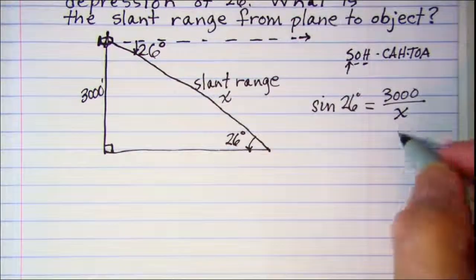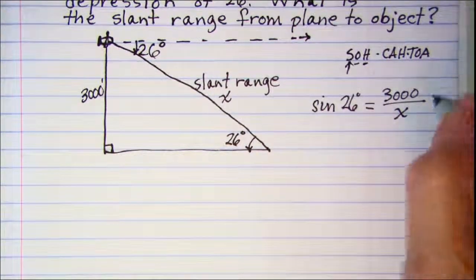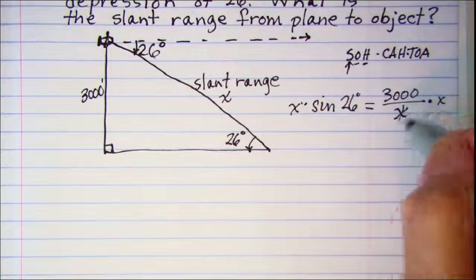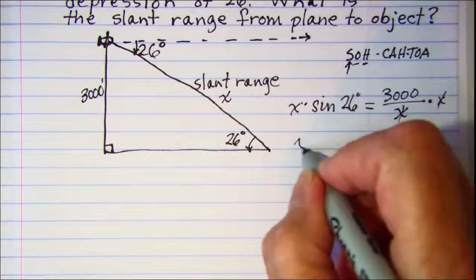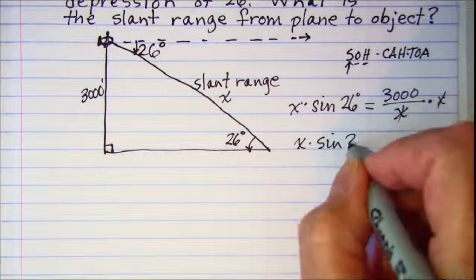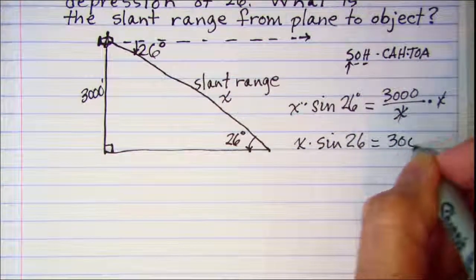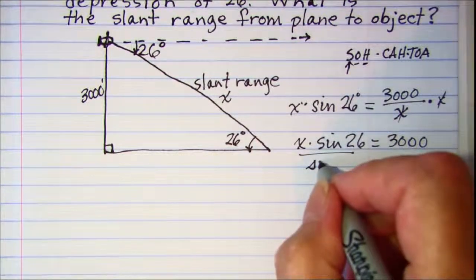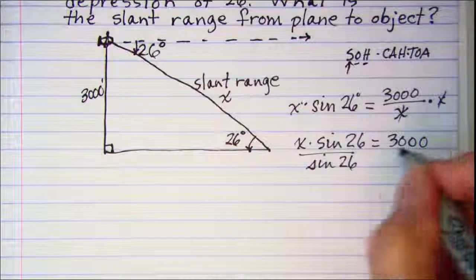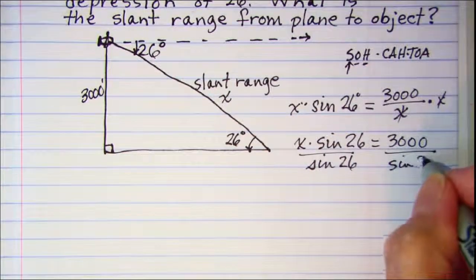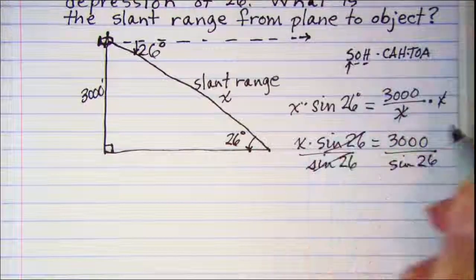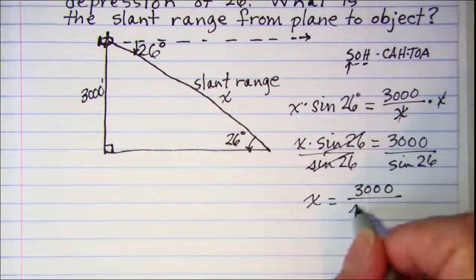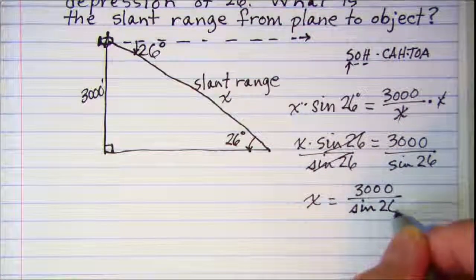Now I want to get this X out of the denominator of the fraction, so I'll multiply both sides by X. These X's will cancel, and now I have X times the sine of 26 is equal to 3,000. Divide both sides by sine 26. These will cancel, and X is equal to 3,000 divided by the sine of 26.